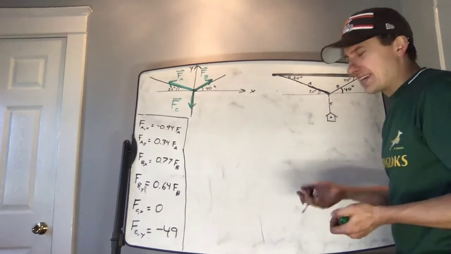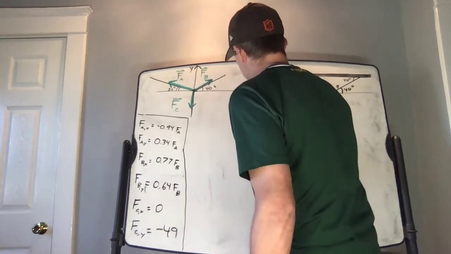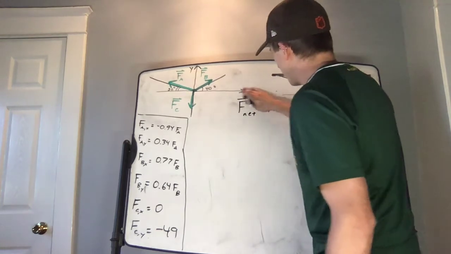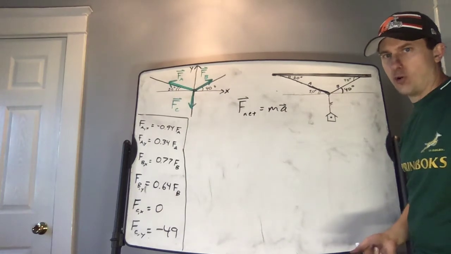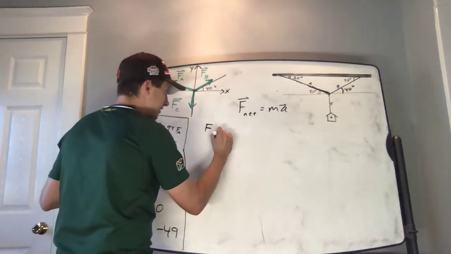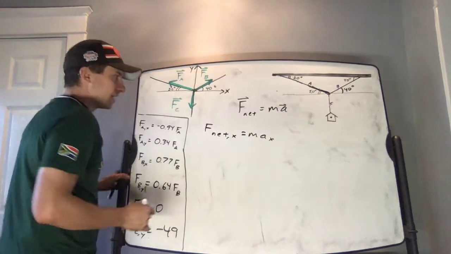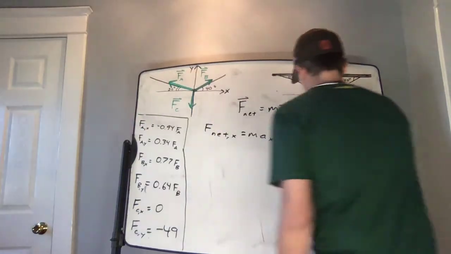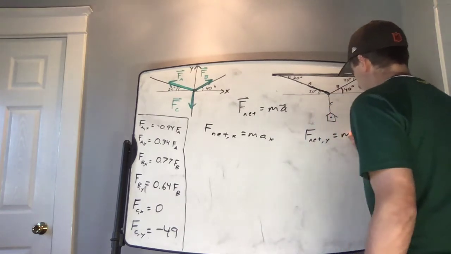So the way we think about Newton's second law, we see F net equals ma. But when I write this equation as a vector, this is really two equations in one. I have one equation, F net x equals max, and I have a second equation, F net y equals may.